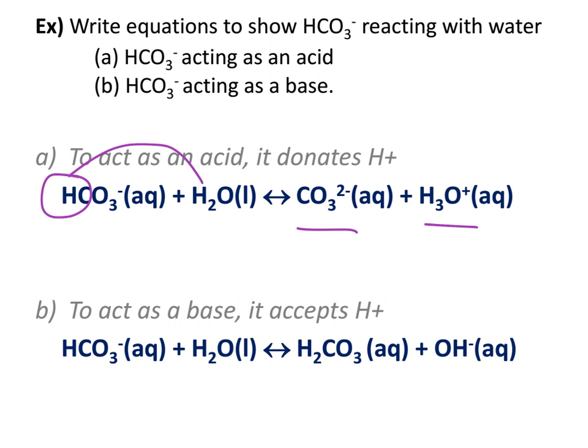And then as a base, it's going to take in a hydrogen. So here we have the hydrogen coming from the water to the bicarbonate, so it's going to form carbonic acid, and then the water would be left as hydroxide. So add bicarbonate to your list of amphoteric substances that you should know.